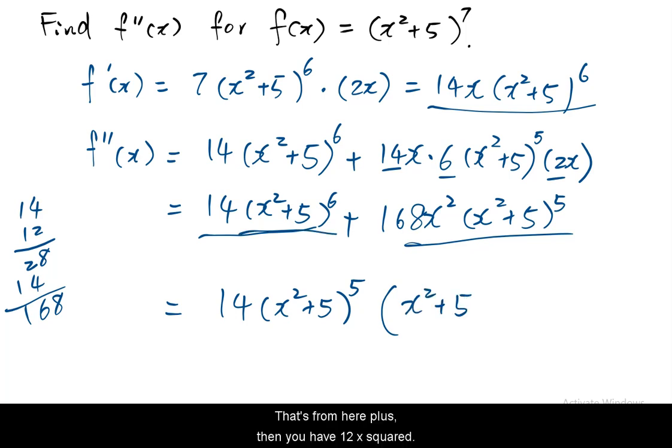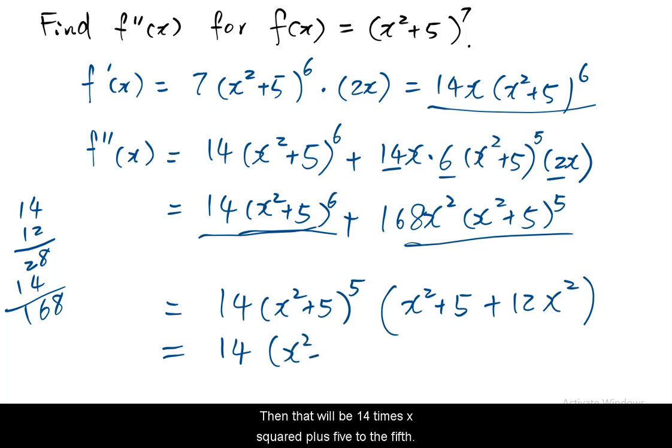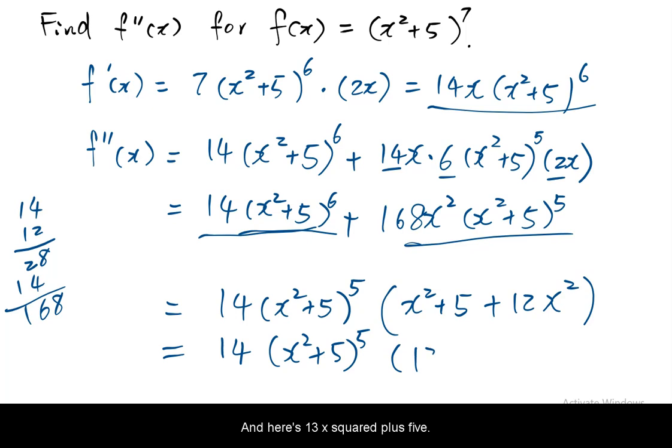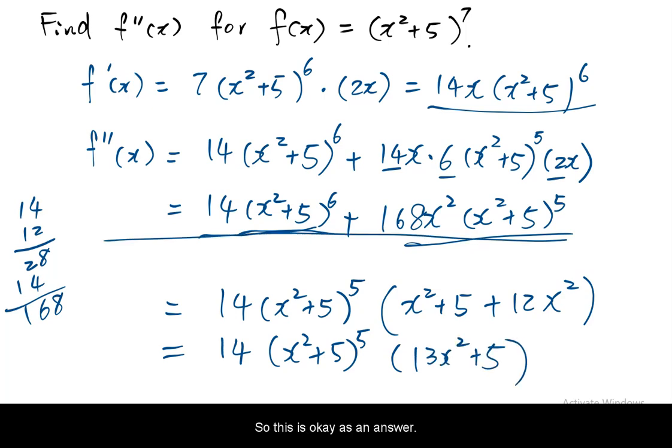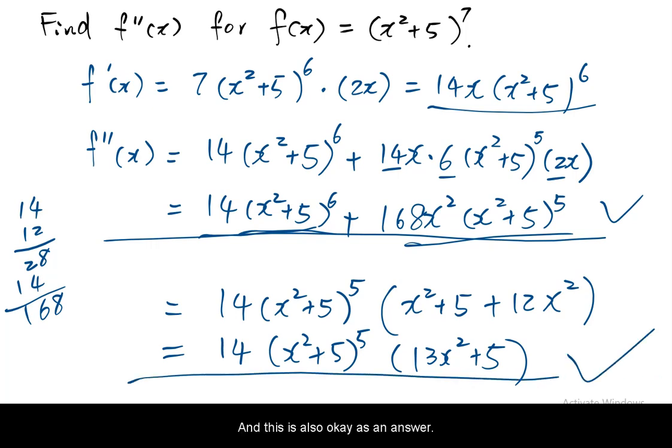That's from here. Plus, then you have 12x squared. Then that will be 14 times (x squared plus 5) to the 5th, and here's 13x squared plus 5. So this is okay as an answer, and this is also okay as an answer.